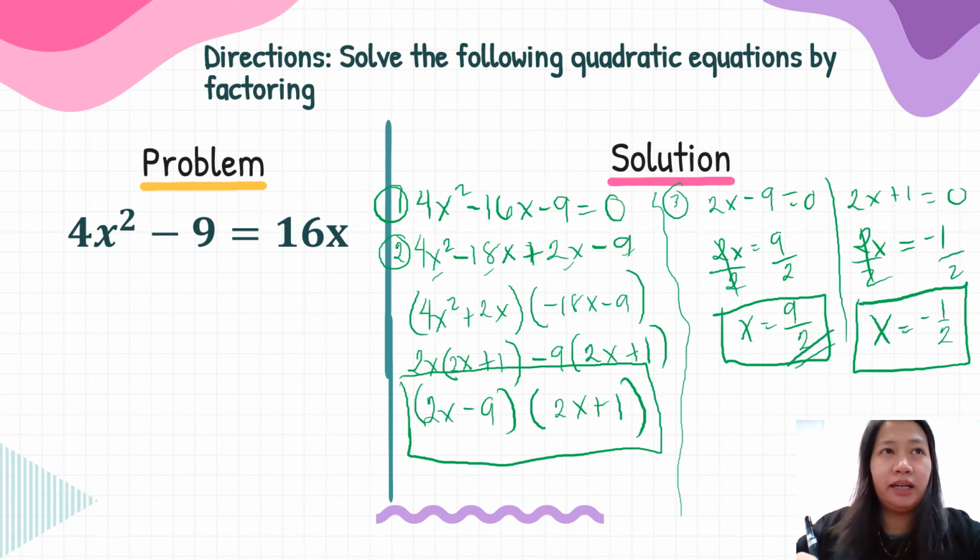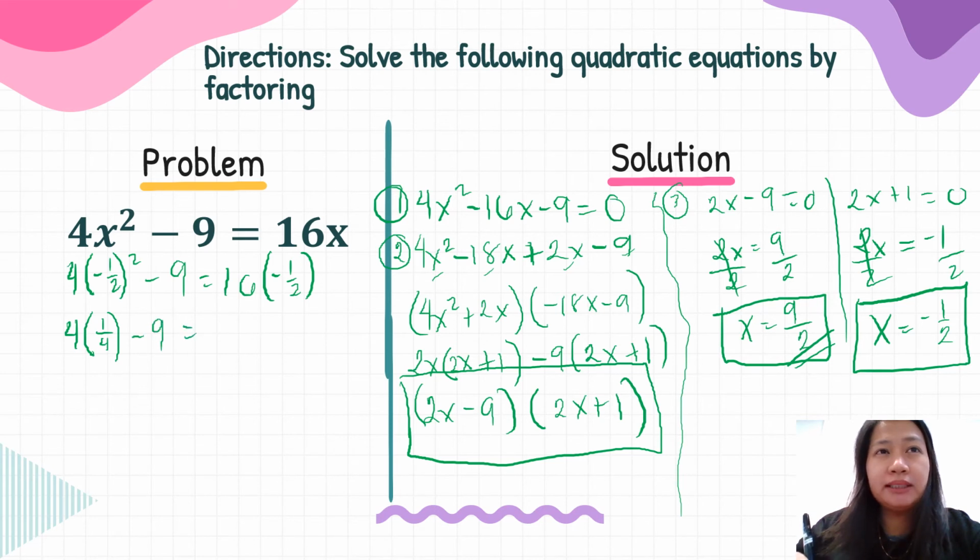Let's have the 1/2. 4 times negative 1/2 squared minus 9 equals 16 times negative 1/2. Ayan. And 4 times positive 1/4 kasi ni-squared natin minus 9 equals cancel 1, 8. So, magiging 8 times negative 1 is negative 8.